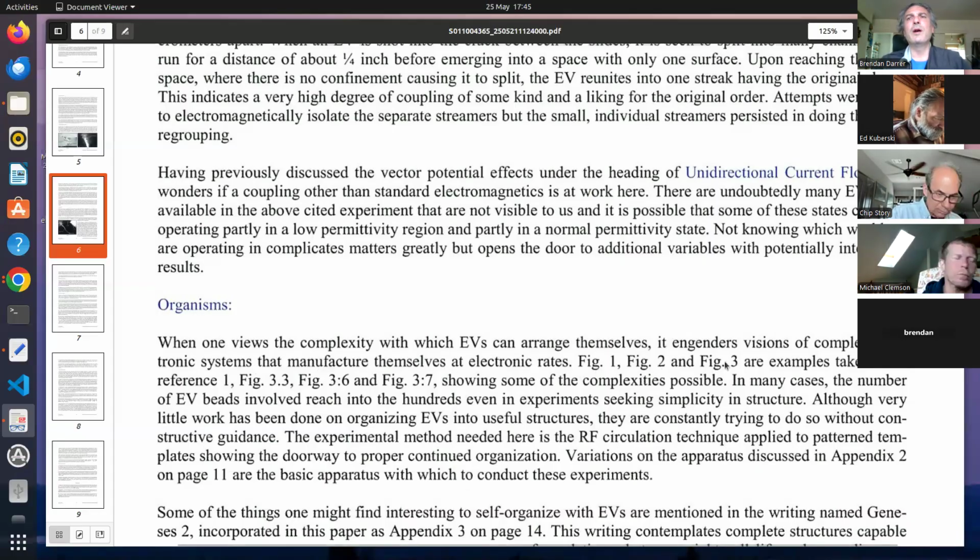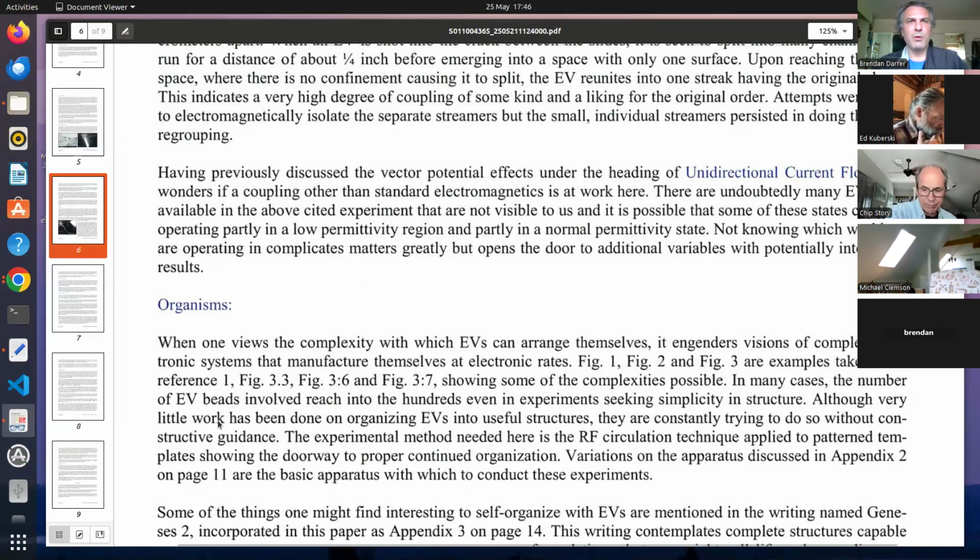Figures 1, 2, and 3 are examples taken from reference 1, figures 3.3, 3.6, and 3.7, showing some of the complexities possible. In many cases, the number of EV beads involved reach into the hundreds, even in experiments seeking simplicity in structure.